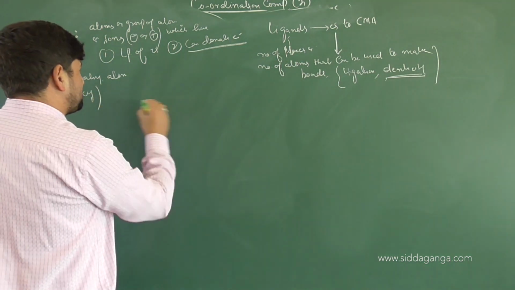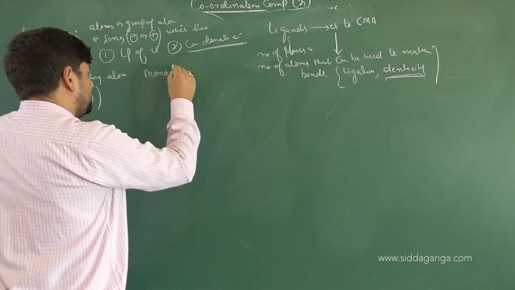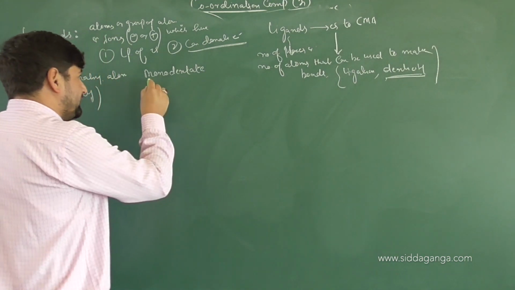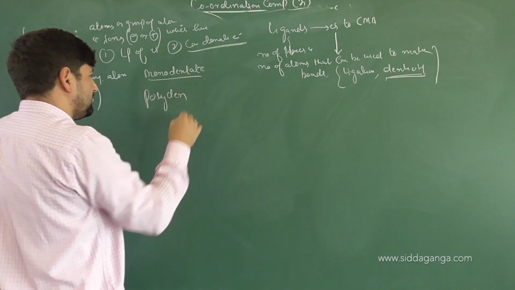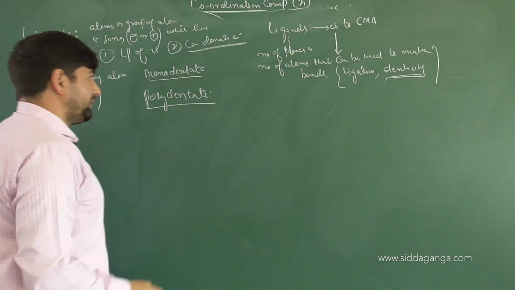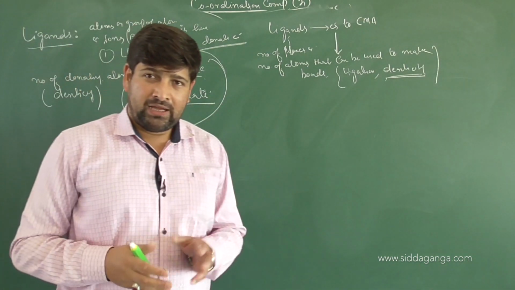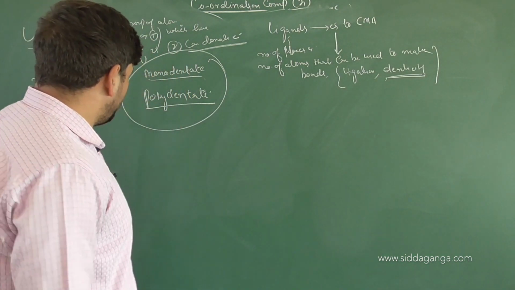So we have different types of ligands. What are those? We have monodentate. Then you have polydentate. Got it? This is one classification. It means from how many places, how many atoms are able to donate electrons to the central metal atom. We have monodentate and polydentate.